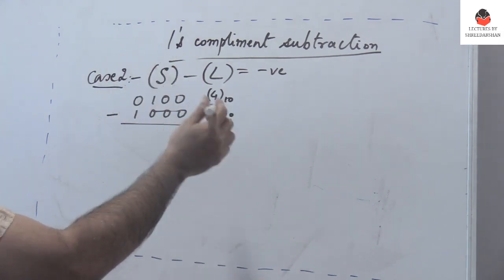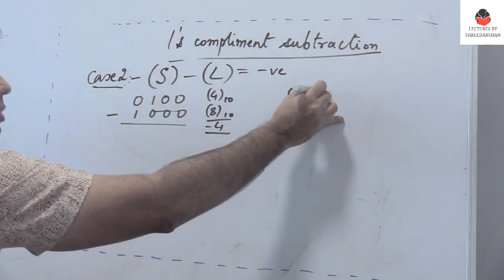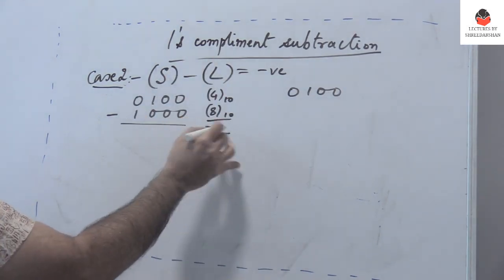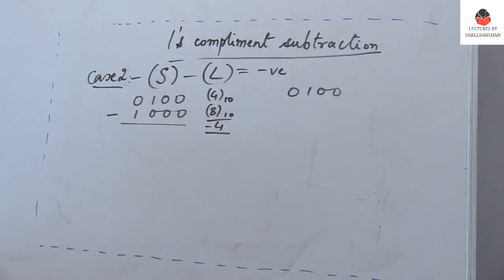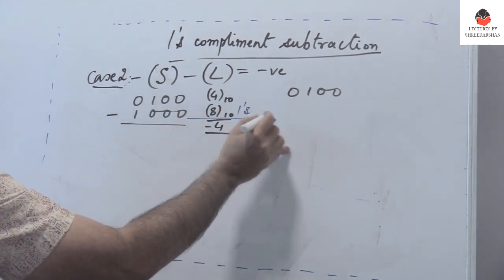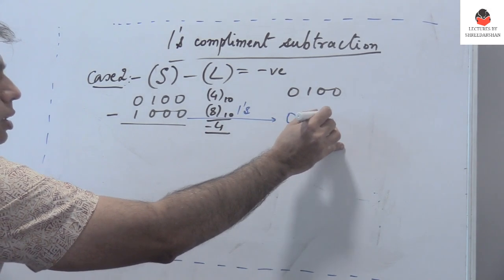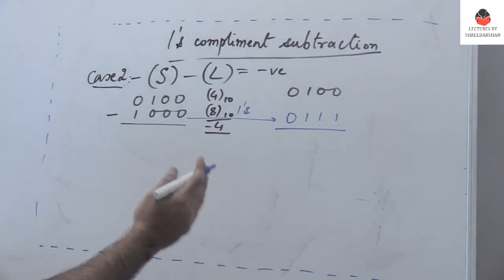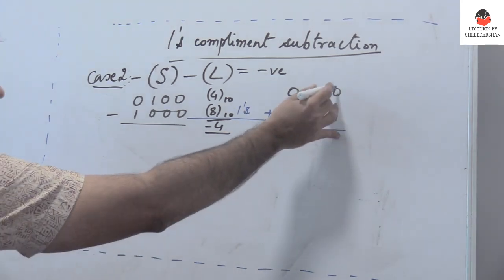So again, step 1, the smaller number is written as it is. Find the 1's complement of the larger number. So you get 0, 1, 1, 1, replacing zeros by 1's and 1's by zeros.